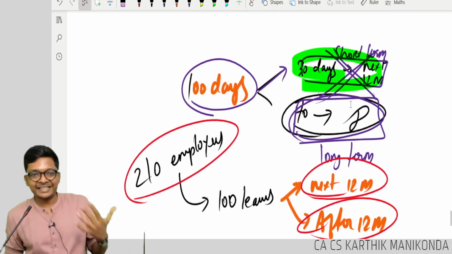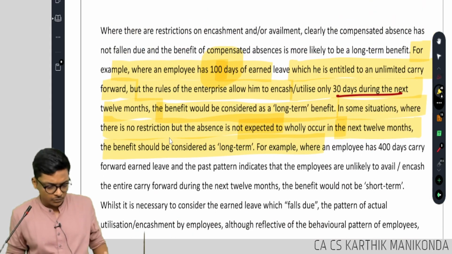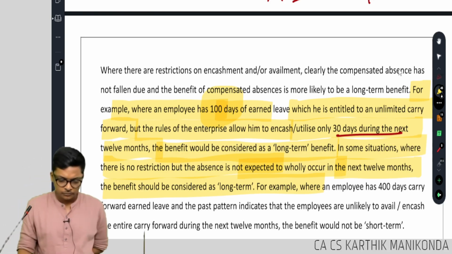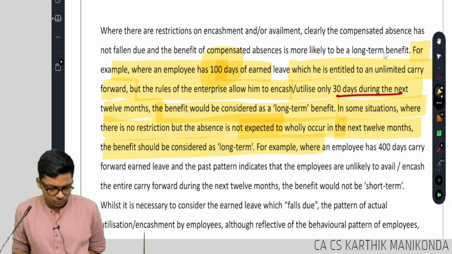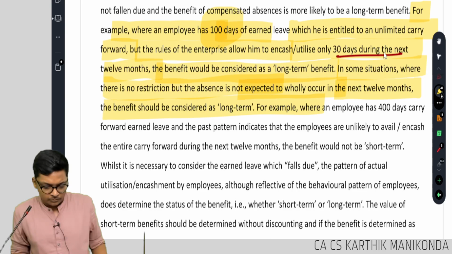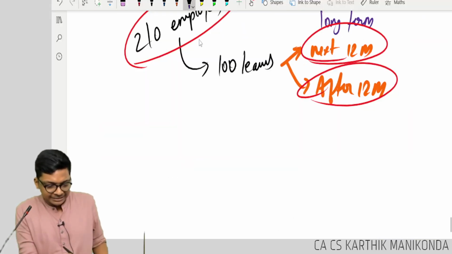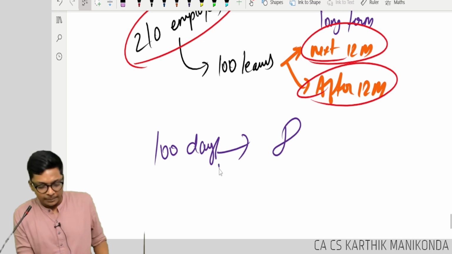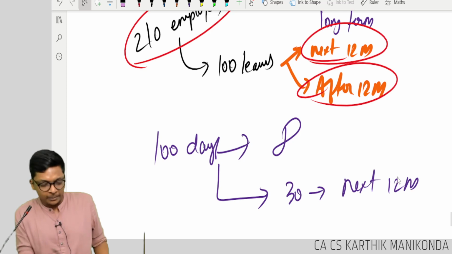So we don't have per se sums. This is the concept. See here what it is trying to say: 100 days is allowed for unlimited carry forward, but in that 100, 30 can be used in the next 12 months.